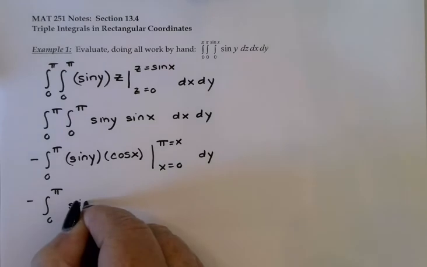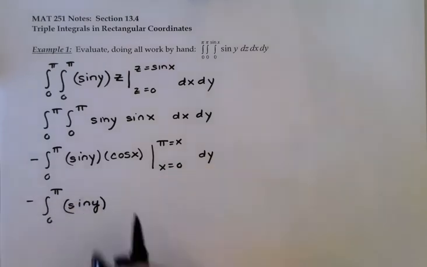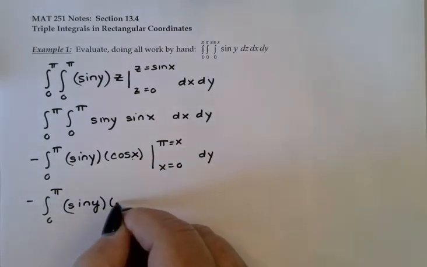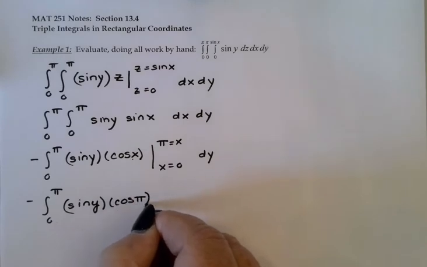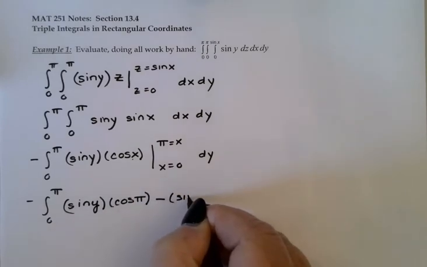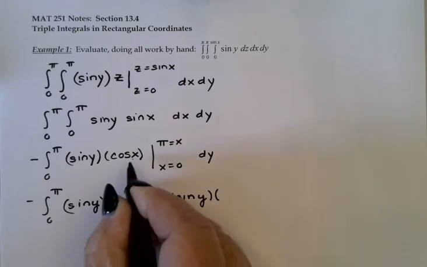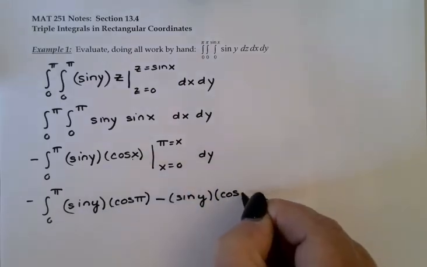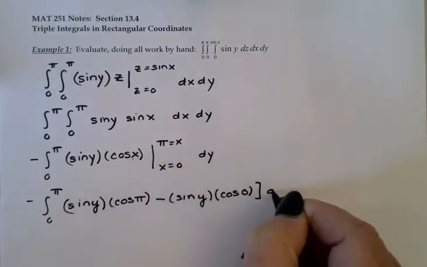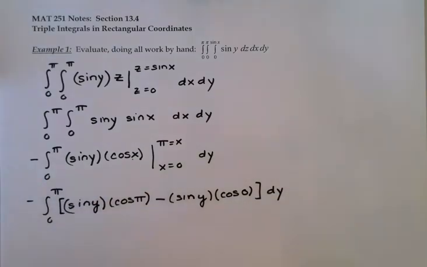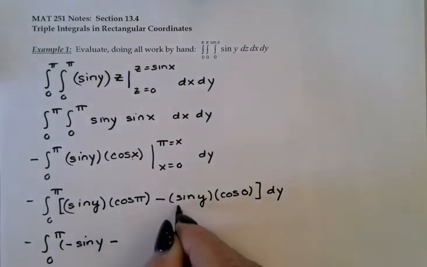So I'd have sine y times cosine pi, subtract sine y times cosine 0. Cosine pi is negative 1, so that's a minus sine y. And cosine of 0 is 1, so that's also a minus sine y.